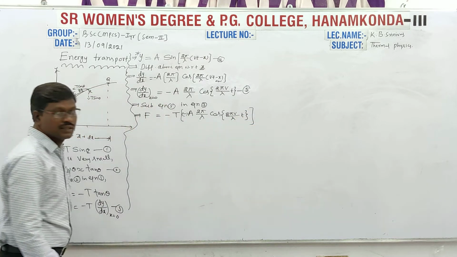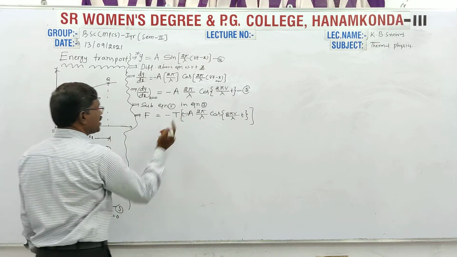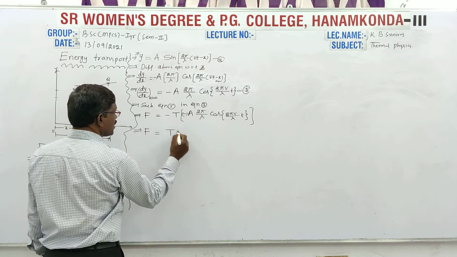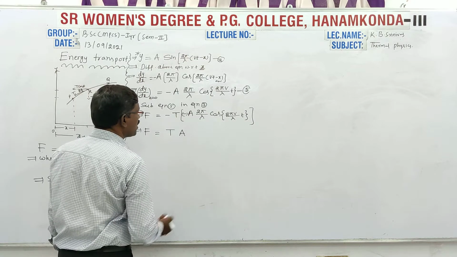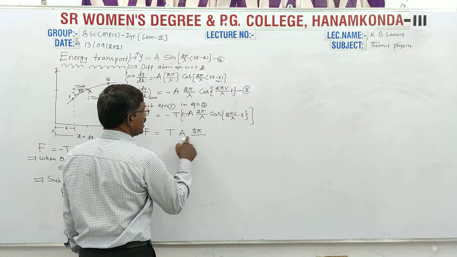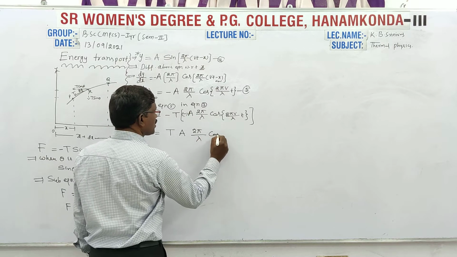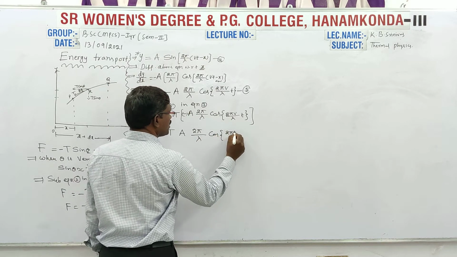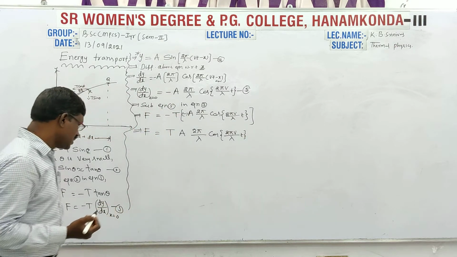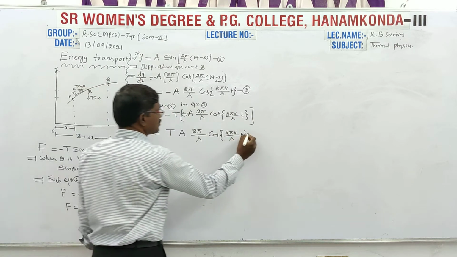Is that clear? Right. Minus into minus becomes plus. So the net force acting on the wire at a point R is equal to T a 2 pi by lambda cos of 2 pi v by lambda into t. Let this be equation number 6.